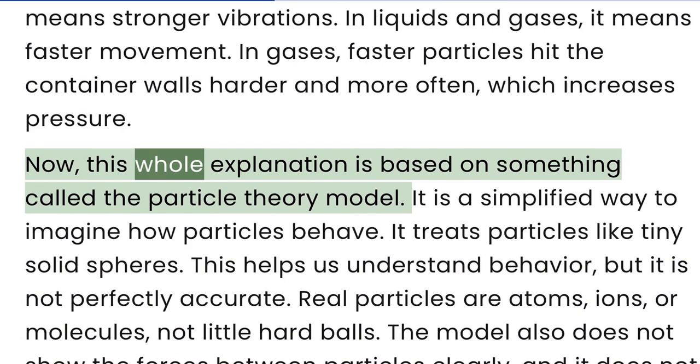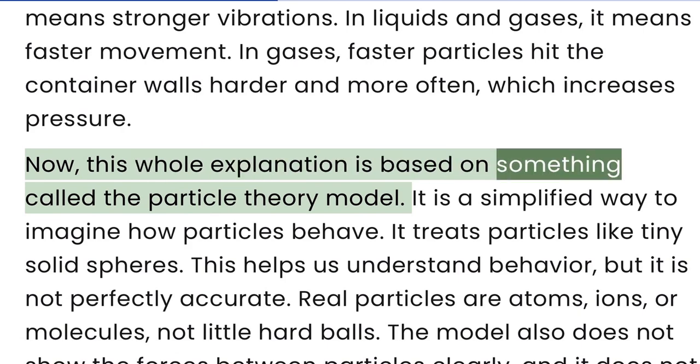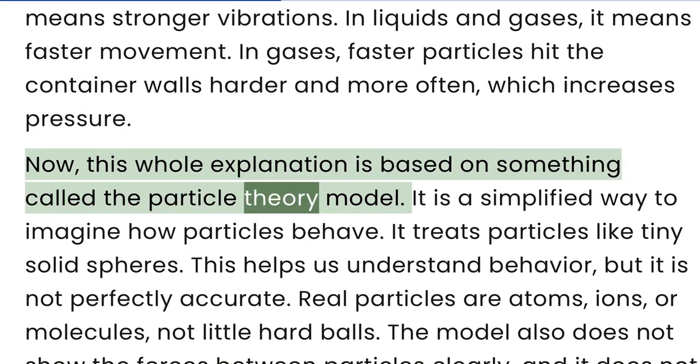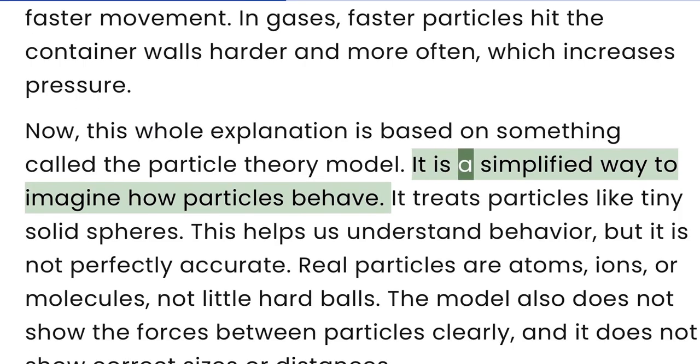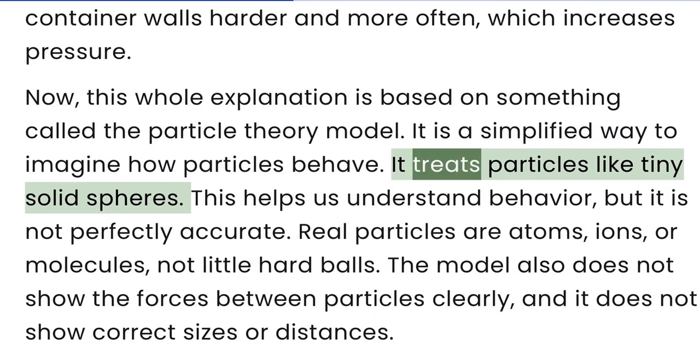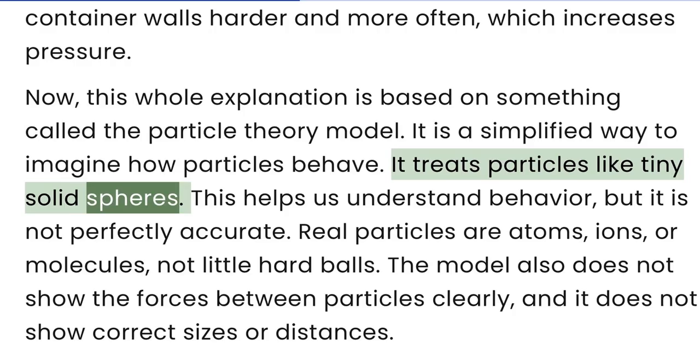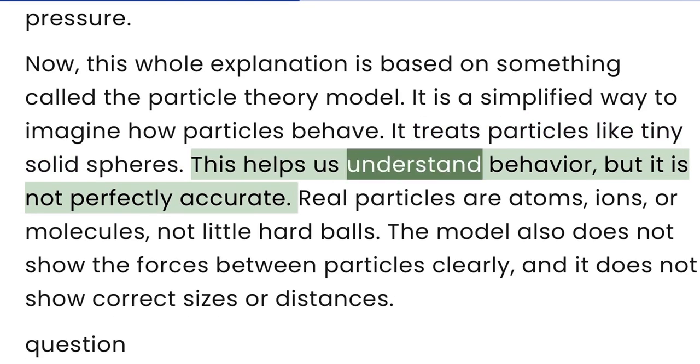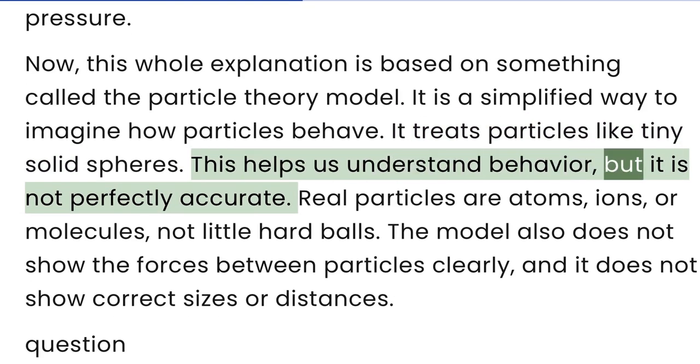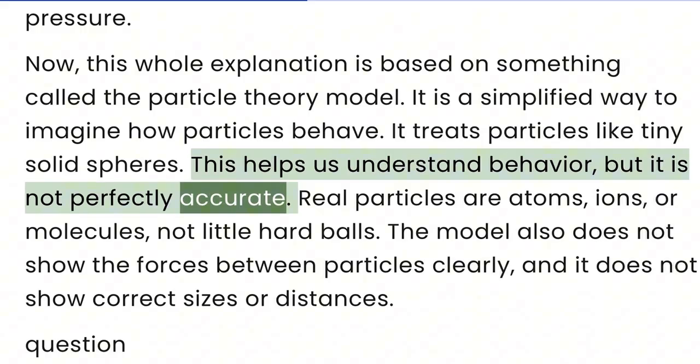Now, this whole explanation is based on something called the particle theory model. It is a simplified way to imagine how particles behave. It treats particles like tiny solid spheres. This helps us understand behavior, but it is not perfectly accurate.